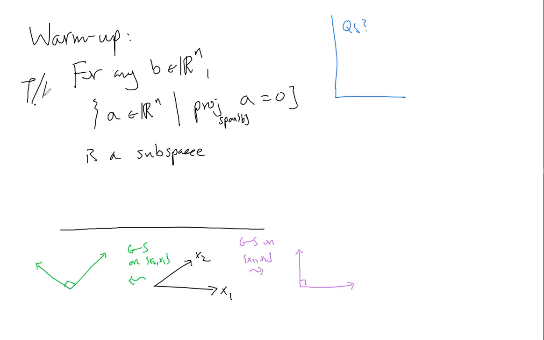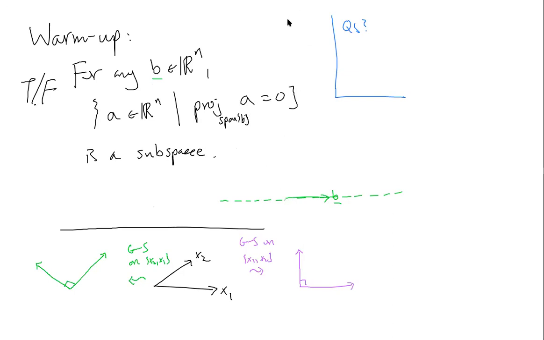True, false? This is exactly the orthogonal complement. So here I'll draw B. Here's B. The span of B is just a line, and you're saying the set of vectors whose projection onto this is 0.